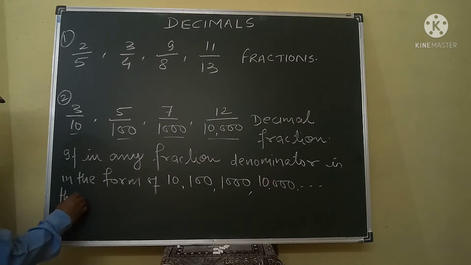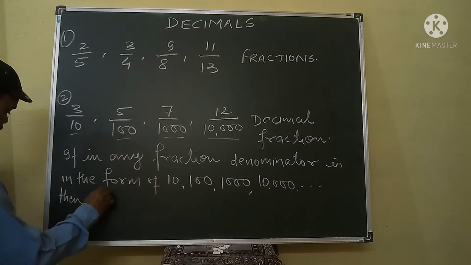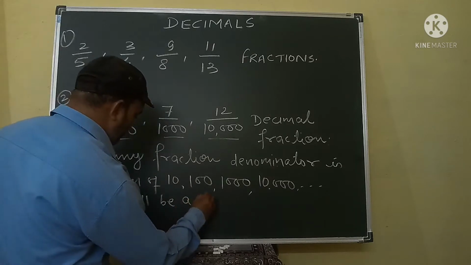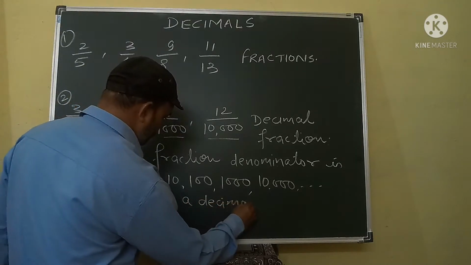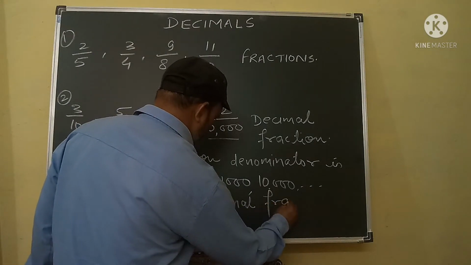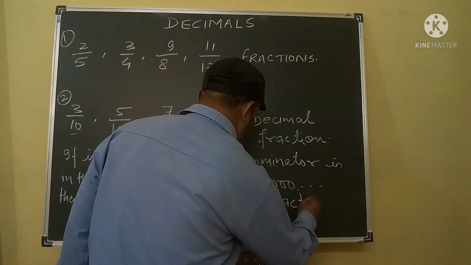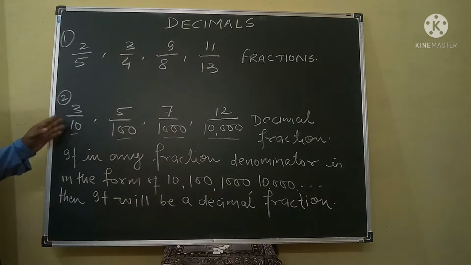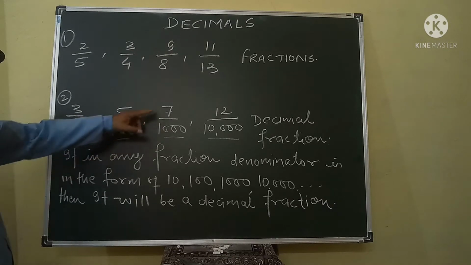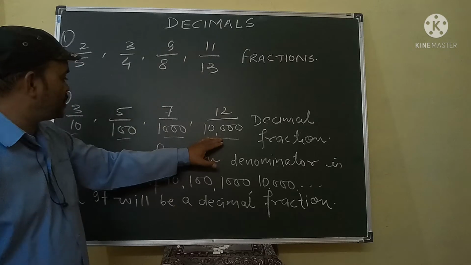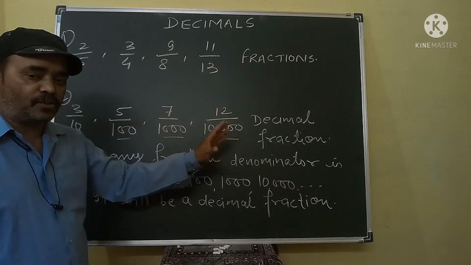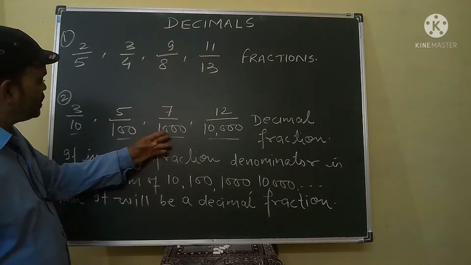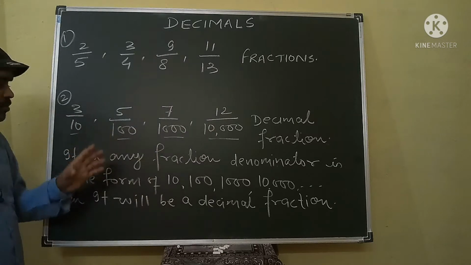then it will be a decimal fraction. As you are looking, this is 3 upon 10, 5 upon 100, 7 upon 1000, 12 upon 10,000. In all these numbers, denominators are in the form of 10, 100, 1000, 10,000 and so on.